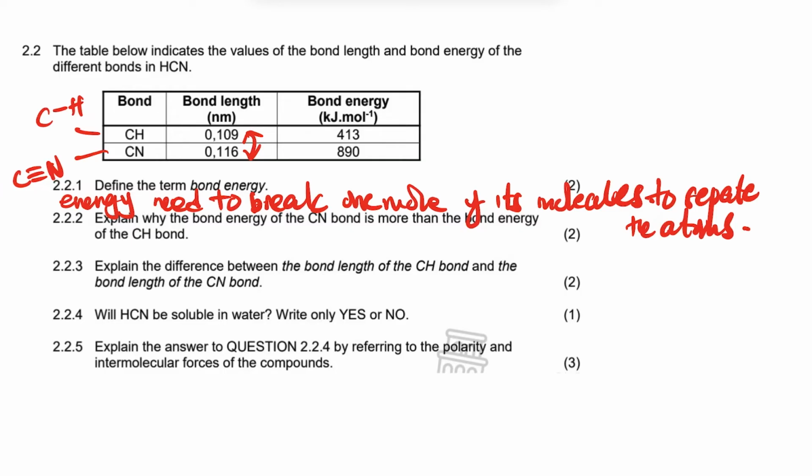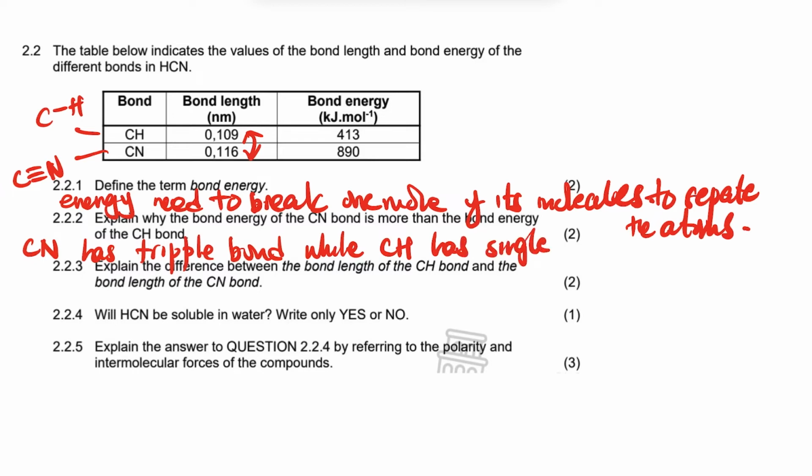So what I'm going to say here: CN has a triple bond, while CH has a single bond, right? That's how easy I'm going to explain that. This is supposed to be here, guys, right?